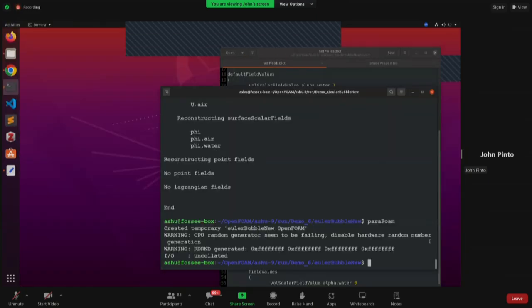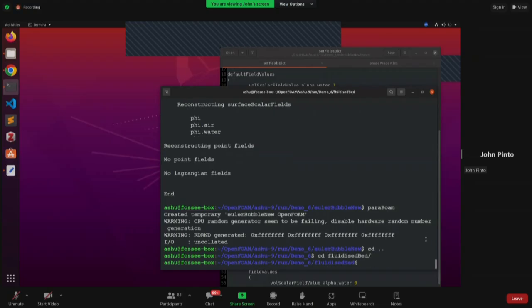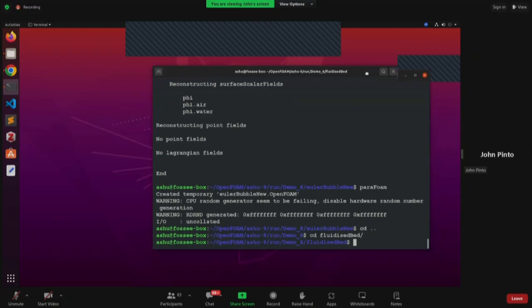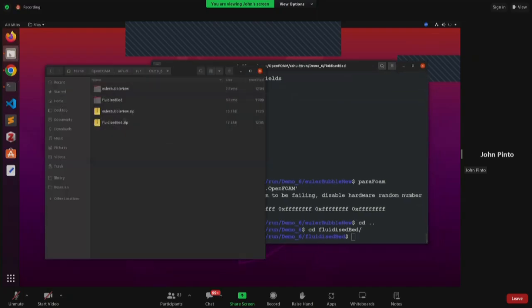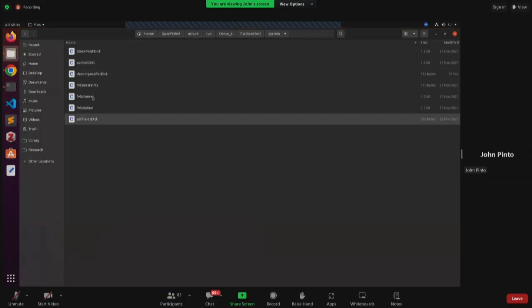Now let us go to the fluidized bed case. I will quickly talk about the setup.